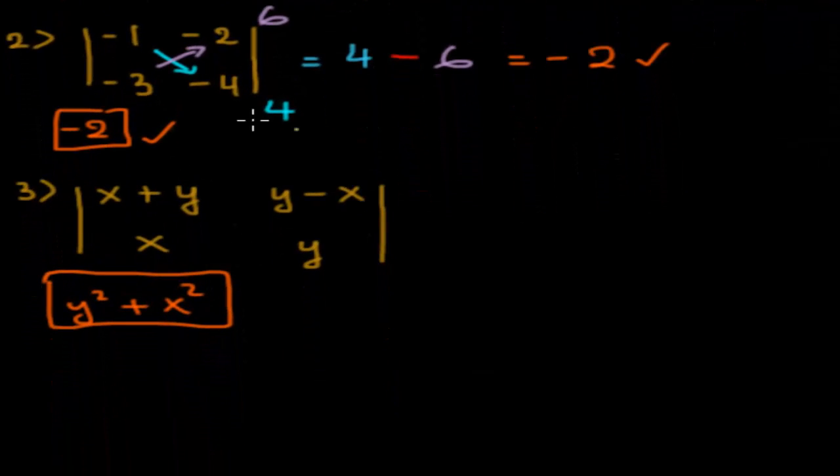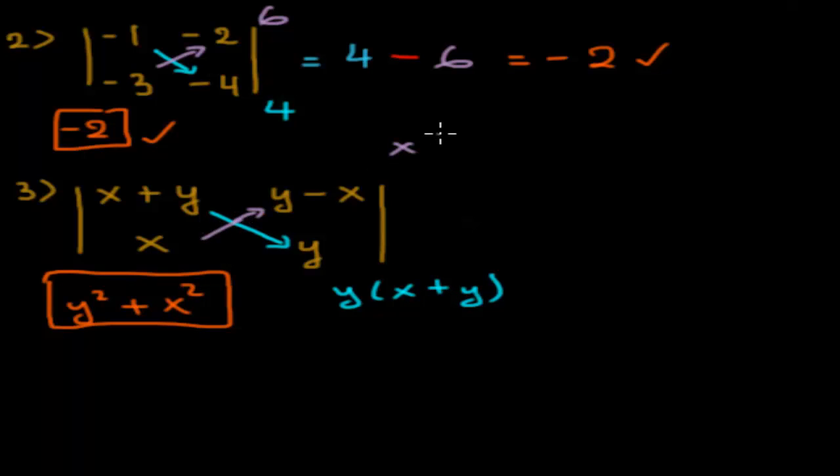Now, problem 3 looks kind of difficult, but it's not that hard. We just do the same concept, multiply across all the way down. So we have y times (x plus y), and we multiply across all the way up, which gives me x times (y minus x).